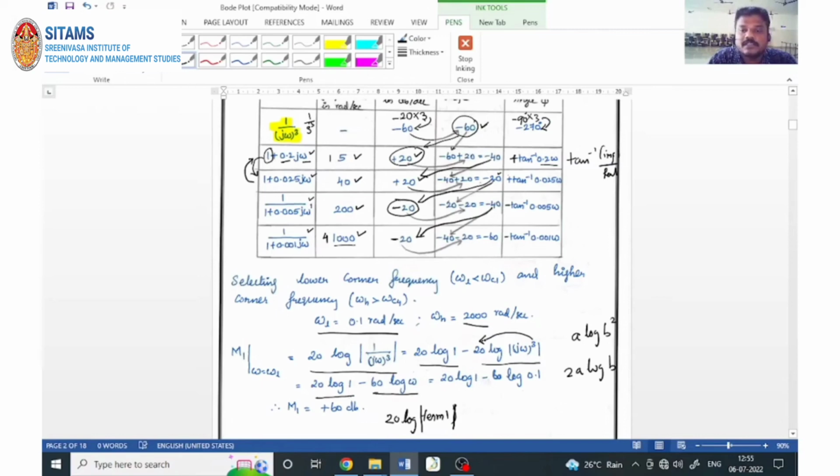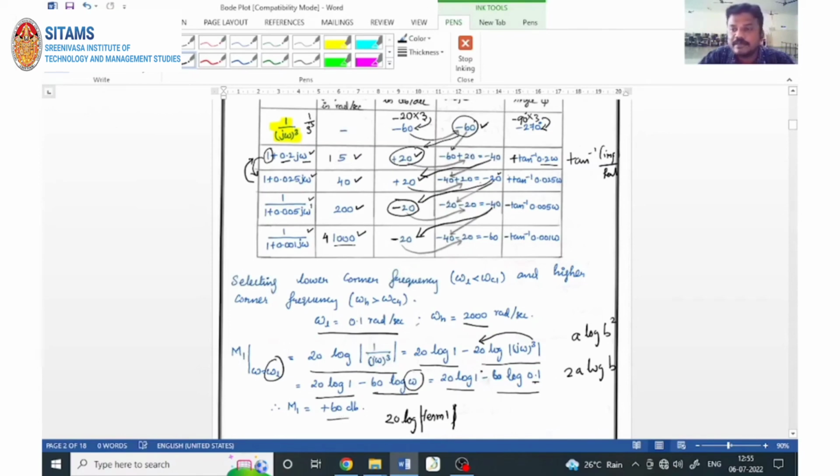By multiplying this 3 with my 20 we get 60. So finally 20 log 1 minus 60 log 0.1. The omega value for the first magnitude is omega L. I have chosen omega L as 0.1, so that 0.1 is substituted and the first magnitude is determined.